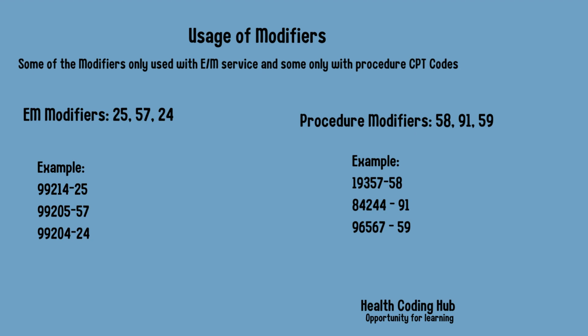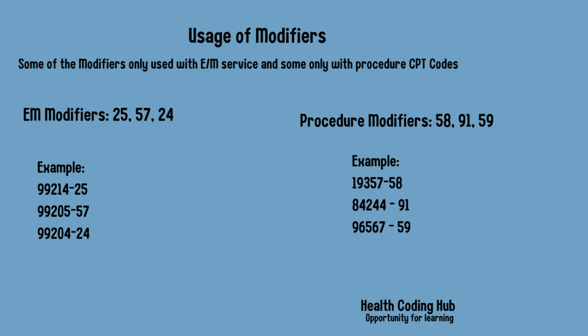The modifiers are divided into two categories. E&M modifiers, like modifier 25, 57, 24, can be used only with E&M codes, meaning outpatient E&M code, inpatient E&M code, observation E&M code, critical care E&M codes. These modifiers cannot be used with procedure CPT codes.